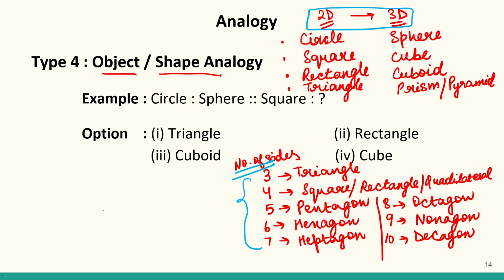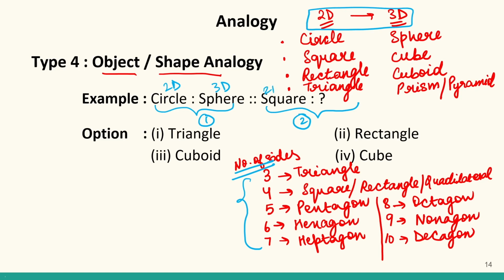Now let us come to this question. This is the first pair and we have to identify the relationship for the second pair. In the first pair, circle is a 2D figure and sphere is a 3D figure. So the relationship is that we have to find the corresponding 3D figure for the 2D figure that is given.